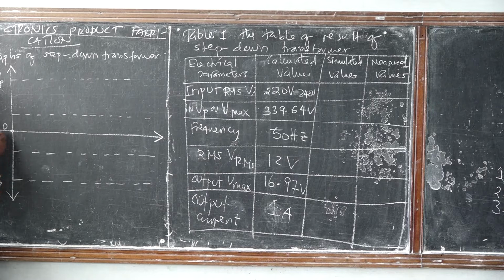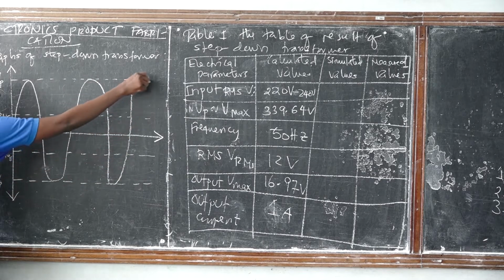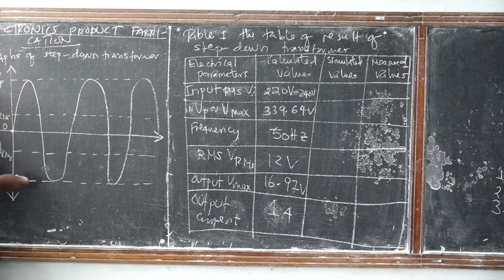V peak. So this is root mean square voltage. And this is root mean square voltage, negative, positive. So this is sinusoidal. Then here it's the output.